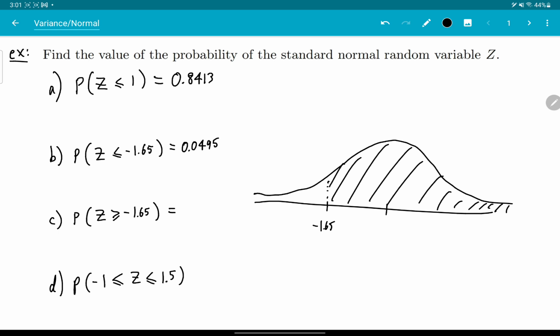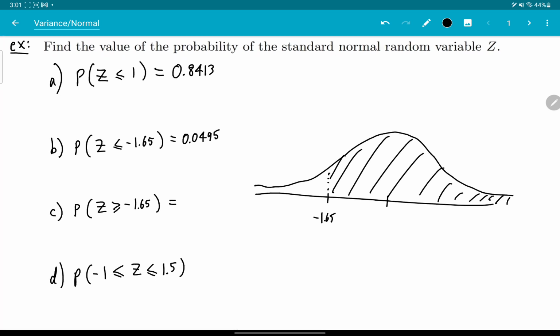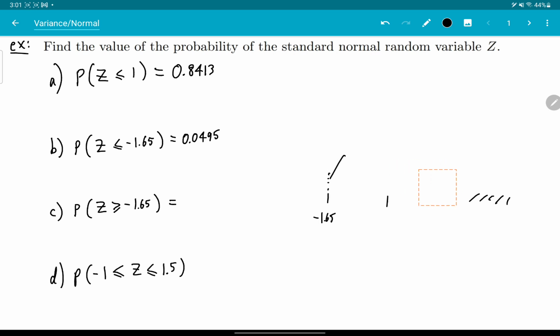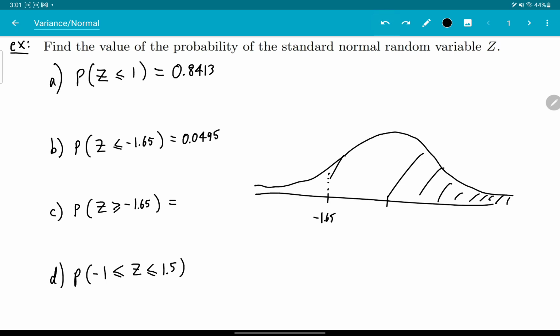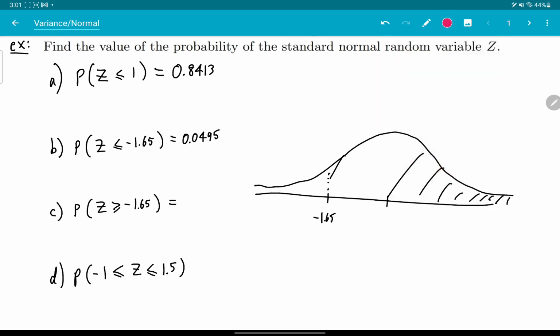Now what I'm going to do is remember that the full area is 1. The area from minus infinity to infinity, this full area is 1. So the area I'm looking for, this guy, is something that I can think of as a subtraction. So I can take the full area and I can subtract this area down here, right?